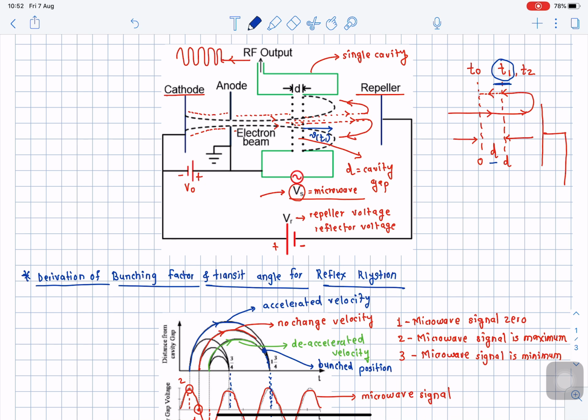As we already know, the repeller is connected to negative potential, so what will happen? The repeller will push these electrons back towards the cavity, so that when they reach closer to the repeller, they will get reverted and pushed again towards the cavity gap.